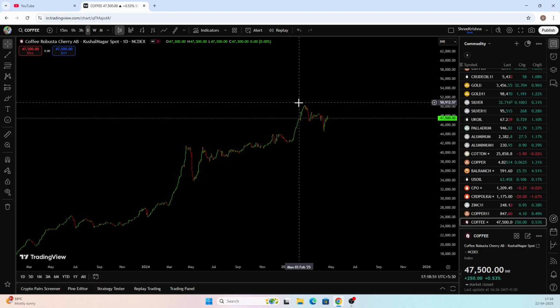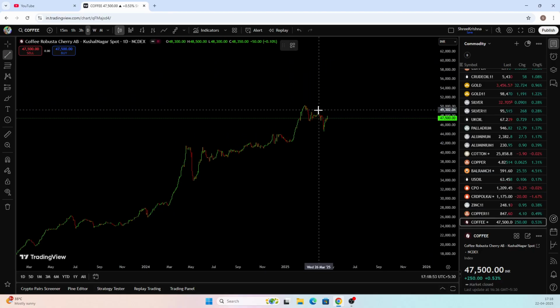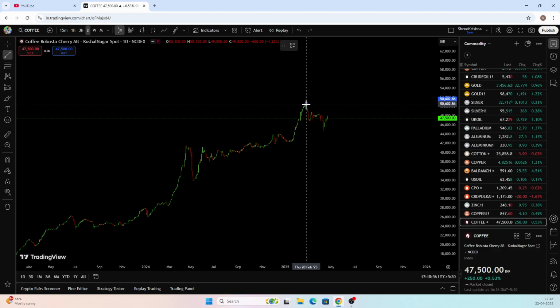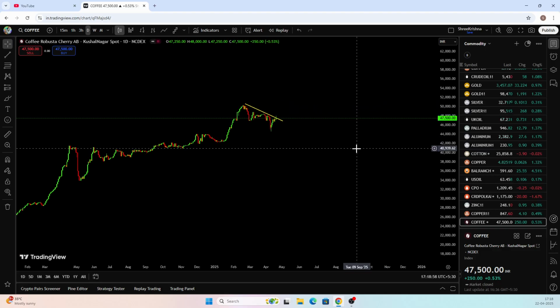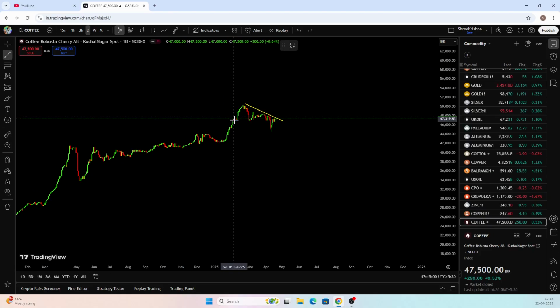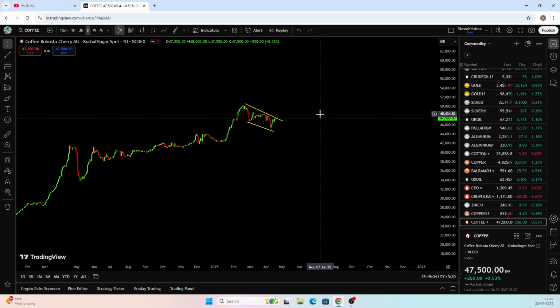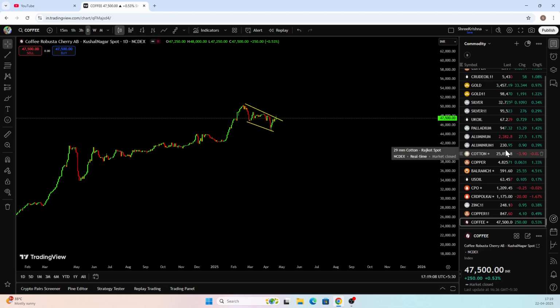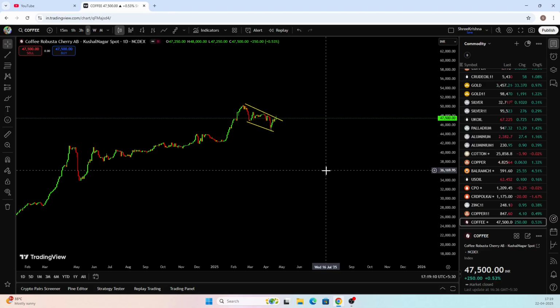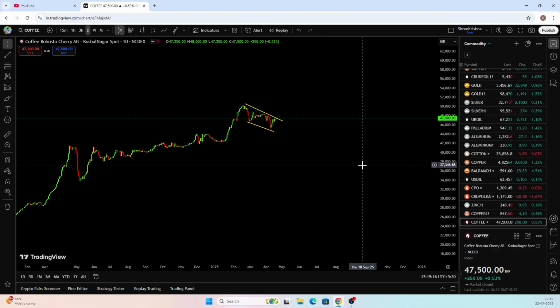I think last time I told you that it's heading up to somewhere around 50,000. So yes, coffee is heading up. Wait for it, I'm on daily. If you are going for a fresh buy setup in the NCDEX, coffee robusta is heading up. Robusta is the one which has a high price.